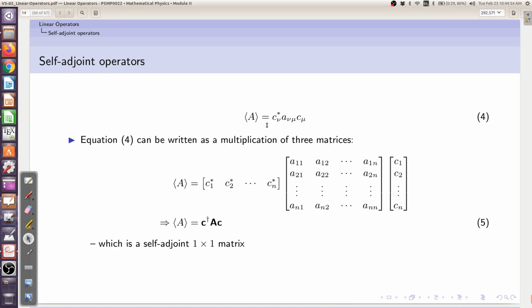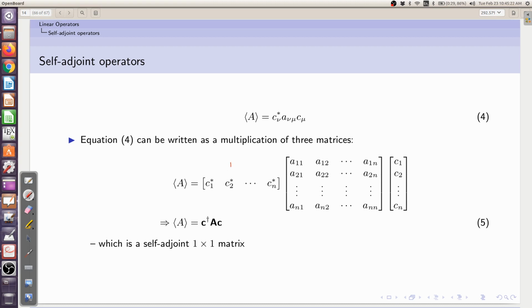This particular equation can be written as a matrix multiplication of three matrices. C nu star means you are taking the conjugate and the transpose, and because C is a column matrix, it becomes a row matrix.